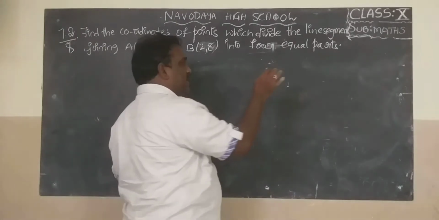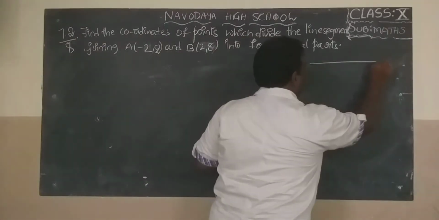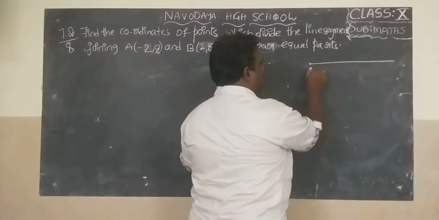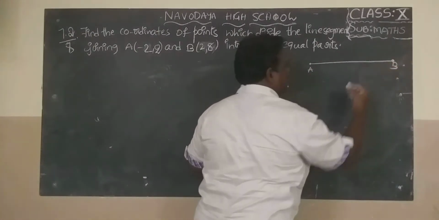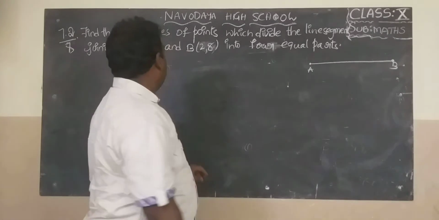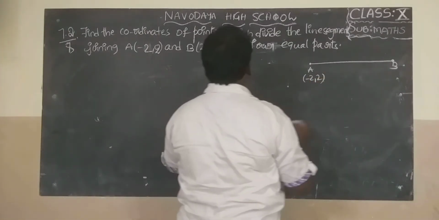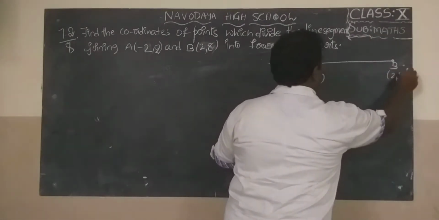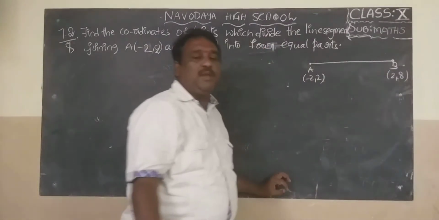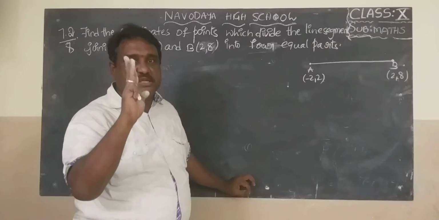Same diagram again. What we have in the 7th one: AB is a line segment. A is what? Minus 2 comma 2. B is what? 2 comma 8. Then 4 equal parts means 3 points.